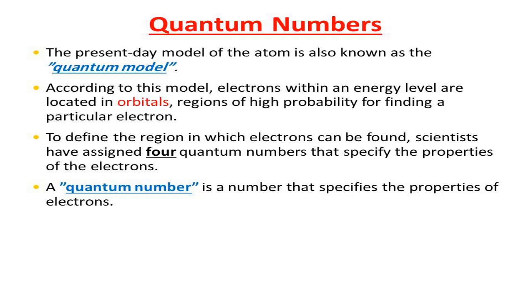Let's see here the meaning of orbitals. Orbitals are regions around the nucleus that correspond to specific energy levels, or they are regions where electrons are most probably to be found. So orbitals are the probable location of electrons around the nucleus. That's a very important definition.